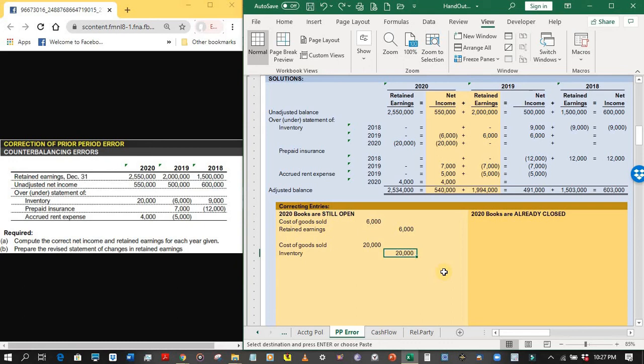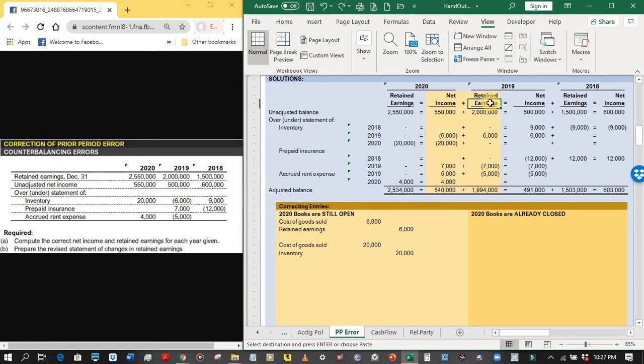So now let us proceed to the errors related to the prepaid insurance, starting with 12,000 pesos, the understatement in 2018. Again, looking at these two rows, there are no adjustments to the net income in 2020 and retained earnings in 2019 ending, which is beginning for 2020.